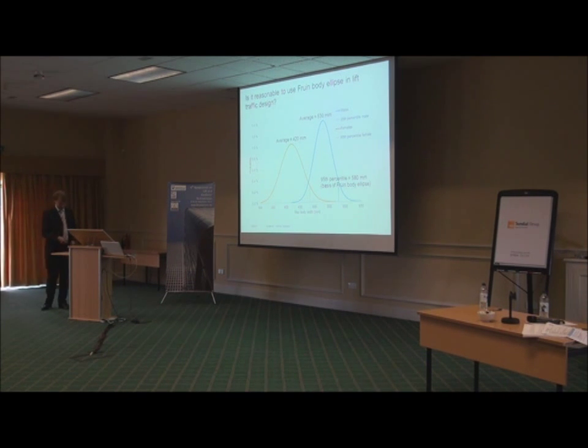The averages are of course quite a lot less than this 95th percentile. Now this one was weighing 90 kilos at the time this was done, but now these safety standards are based on an average passenger weight of 75 kilos. So then the question is: is it reasonable to use this body ellipse as the basis for lift traffic?